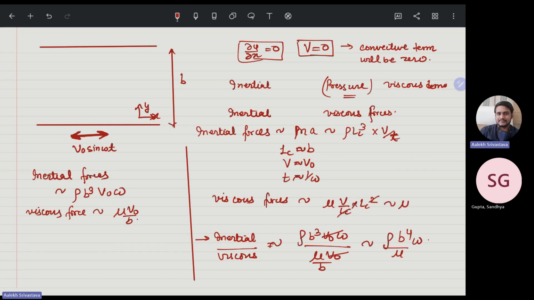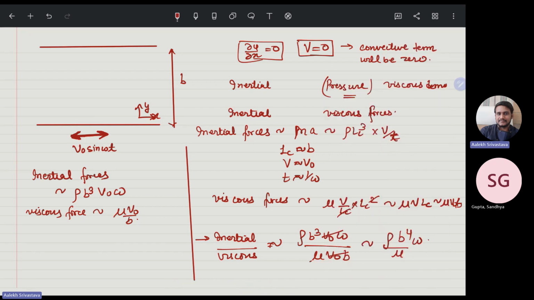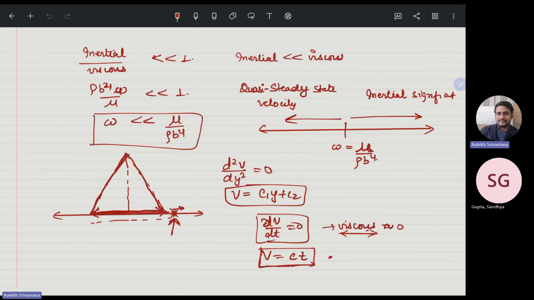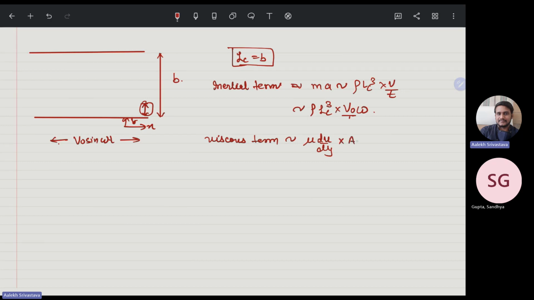So it is mu V into LC, or it is also equal to mu V0 into B. Here it will be B square and this will be B square. Everything will be the same now. So here also it is into area. So it is mu V0 by LC into LC square. So it is mu V0 into L.